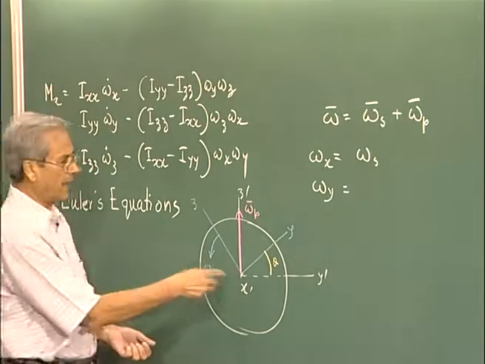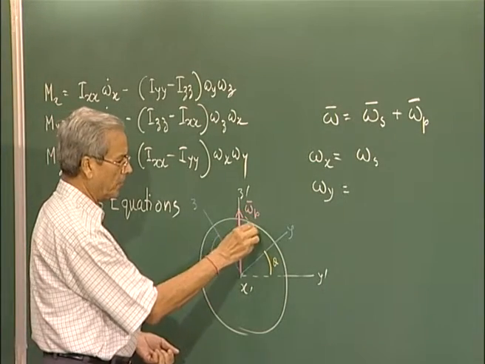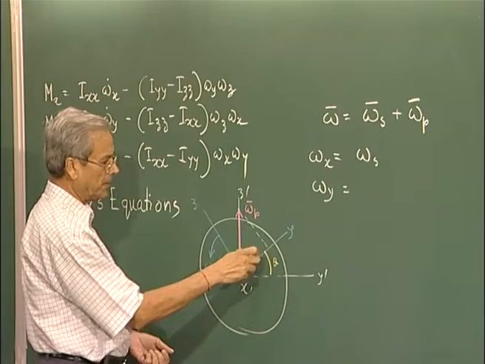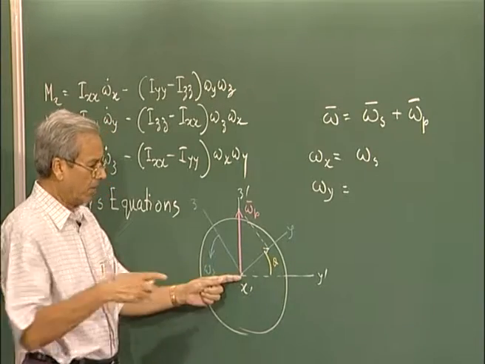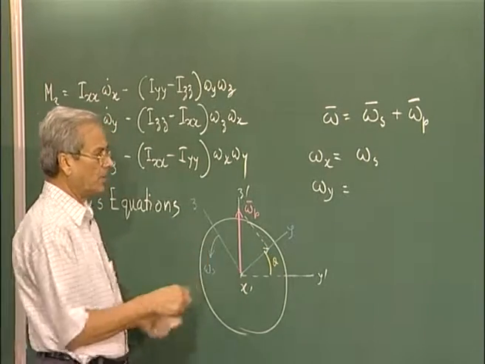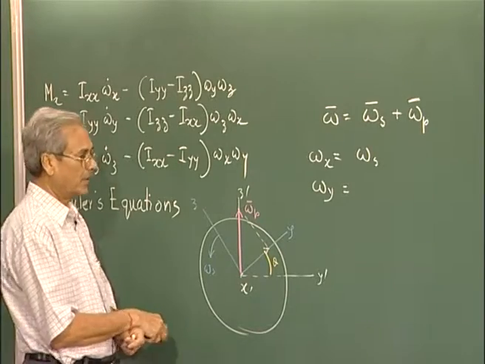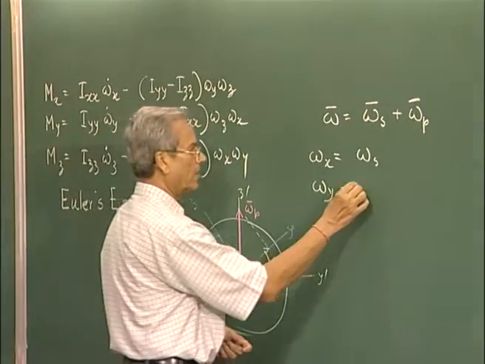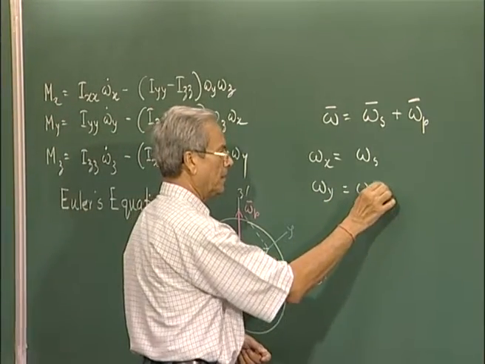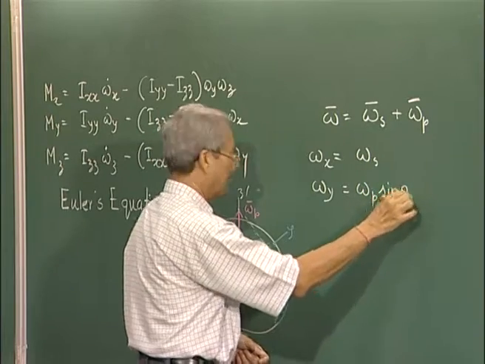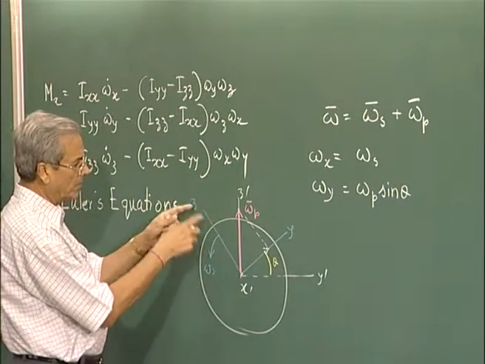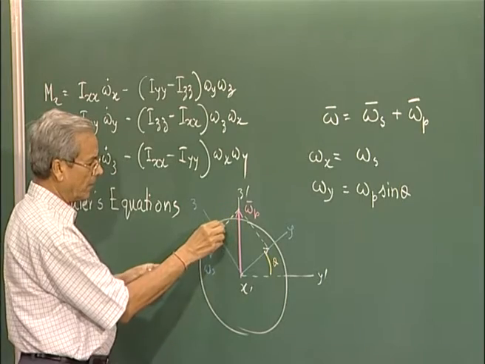So, omega y will have a component of omega p this much, and the component of omega s is 0 because it is at right angles. So, this is nothing but omega p sin theta, and the component along the z axis of the angular velocity.